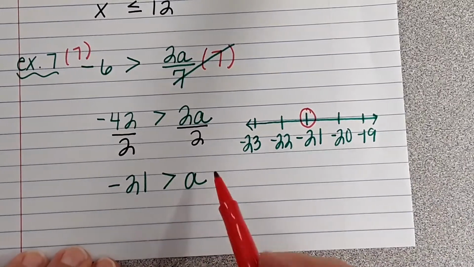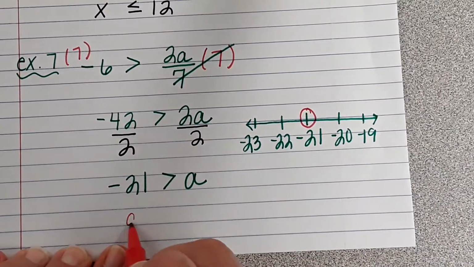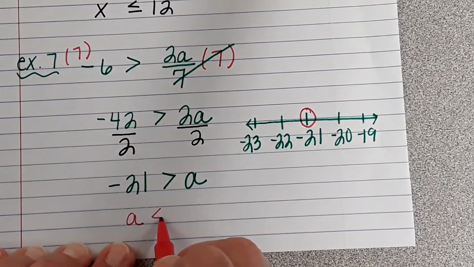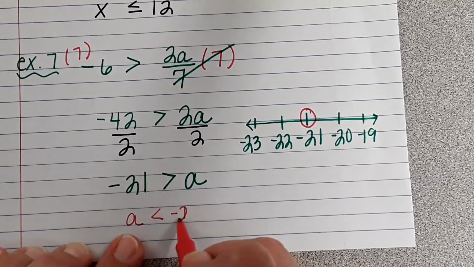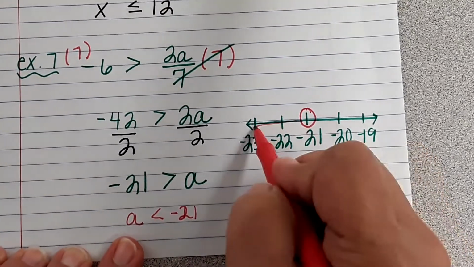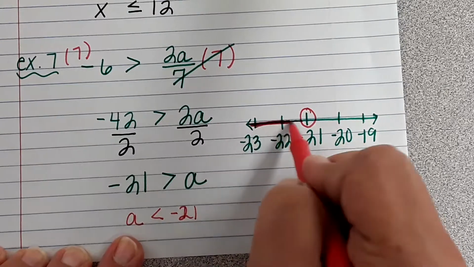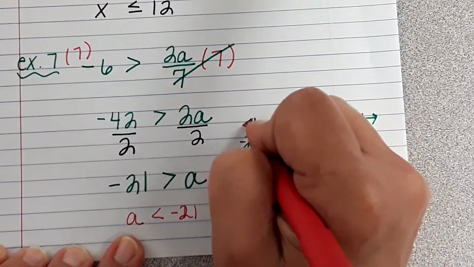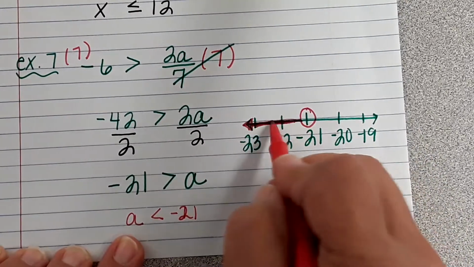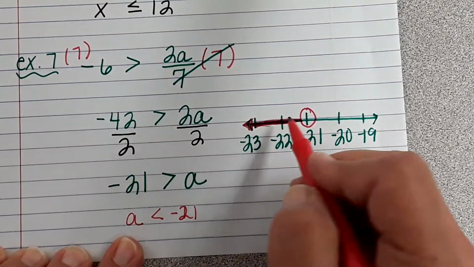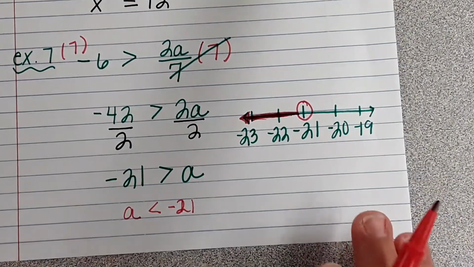But let's rewrite it. A is less than 21, so we want to go this way. So if you need to, go ahead and rewrite that number.